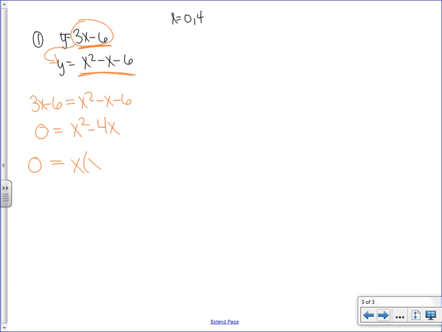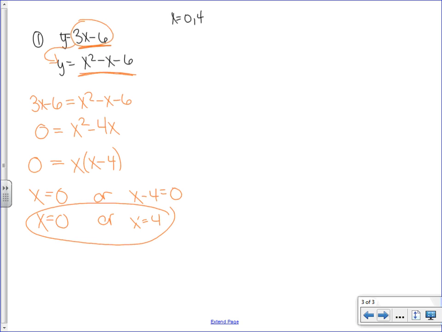I have a GCF of x, and I'm left with x minus 4. The zero product property says that if I have two things multiplied together that give me 0, either the first thing equals 0 or the second thing equals 0. So I get x is equal to 0 or x is equal to 4, the same thing that you got when you just looked at the table in your calculator.